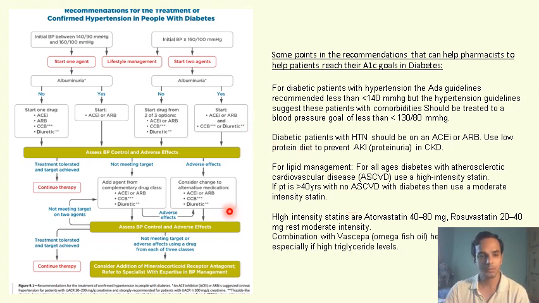For lipid management, for all ages, patients with diabetes and atherosclerotic cardiovascular disease already present would use a high intensity statin, which would be atorvastatin 40 to 80 milligrams, or rosuvastatin 20 to 40 milligrams.